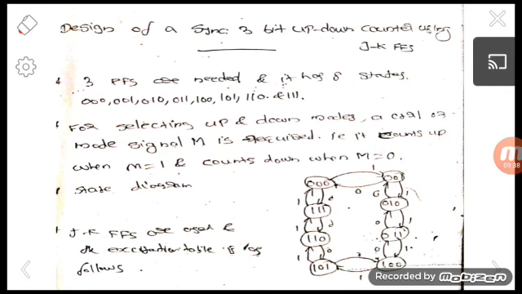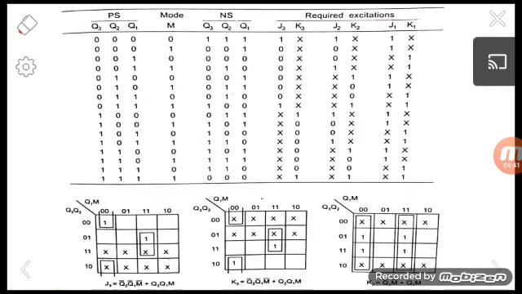And also here we are taking JK flip-flop as our flip-flop, and this is the corresponding present state and next state table. First we are considering present state 0 0 0. When the mode value is 0, it will count downwards, that is the next state will be 1 1 1. And for present state 0 0 0, when the mode value is 1, the next state will be 0 0 1.